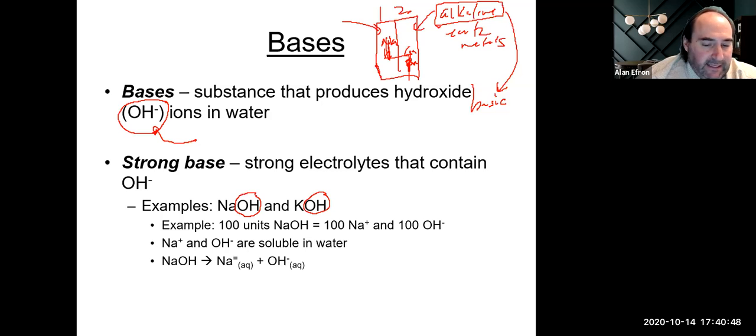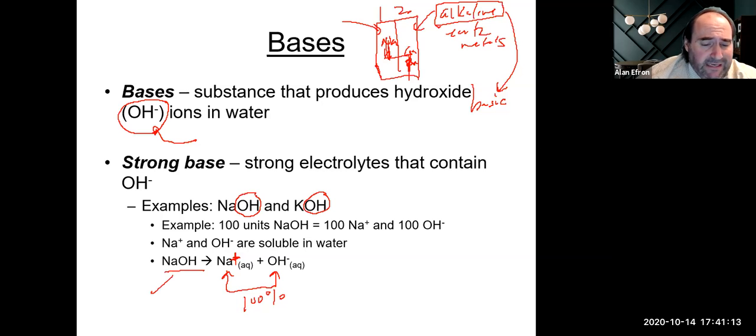And same idea here. When we have something like sodium hydroxide, when it's in solution, it makes Na plus and OH minus. And just like our strong acid, 100% of what you have in solution are those ions. You no longer have any of the sodium hydroxide units still together.